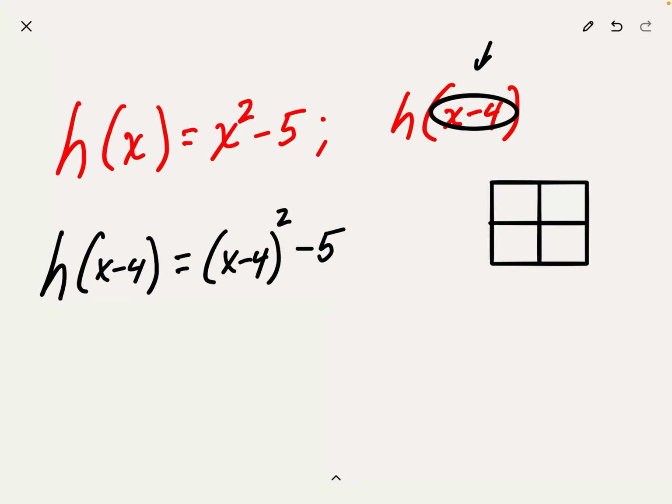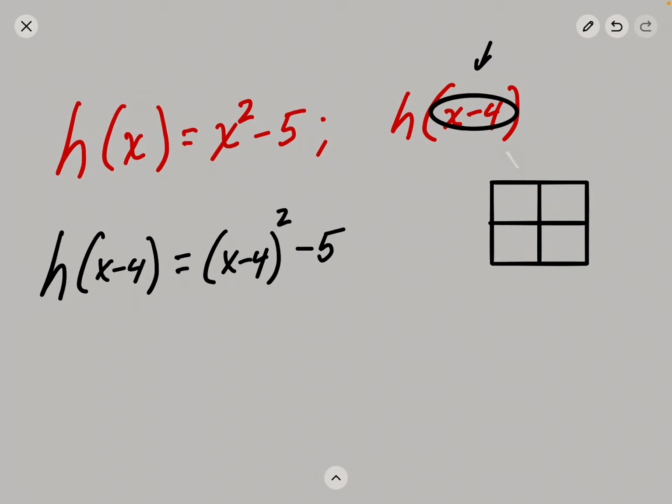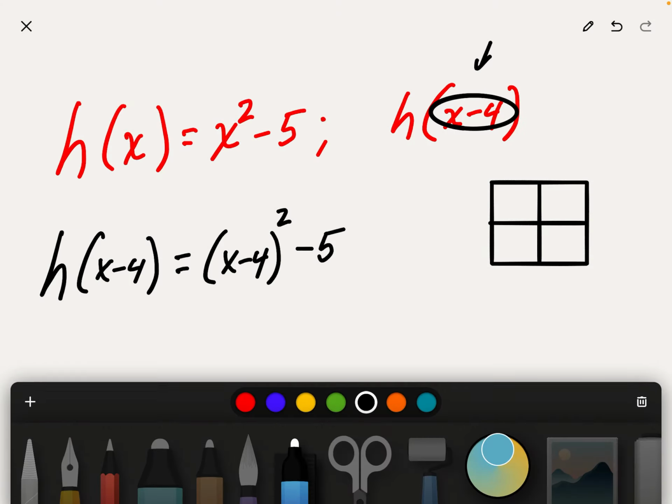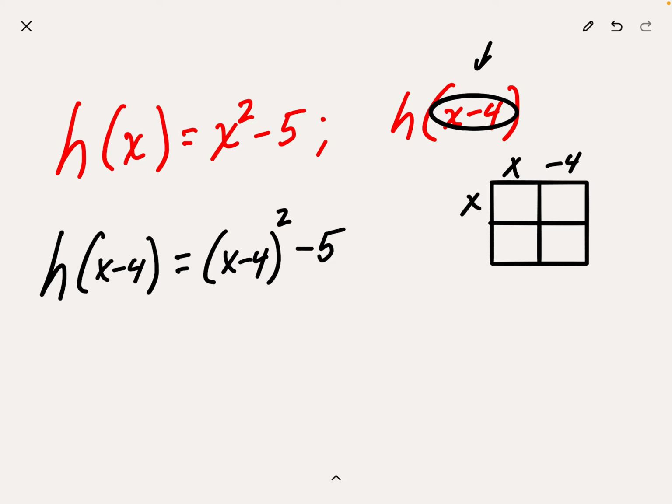Now we need a box because we're going to do some multiplication here. This is going to be x minus 4 times x minus 4. So x times x is x squared. X times a negative 4 is a negative 4x. X times a negative 4 is a negative 4x.